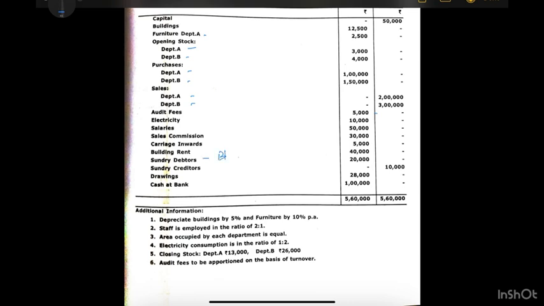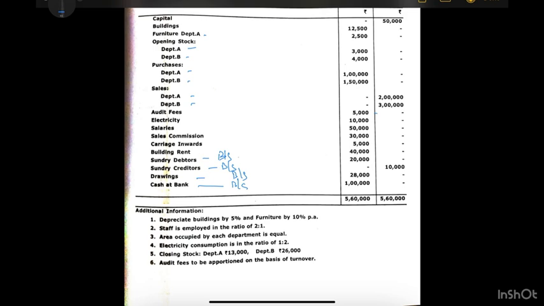These are to be taken for the balance sheet. So the items in the balance sheet will be common, that means we maintain them in a single common column, but the expenses related to the trading account and P&L account are to be allocated as per the information given in the problem.